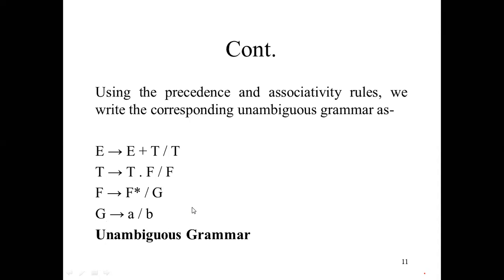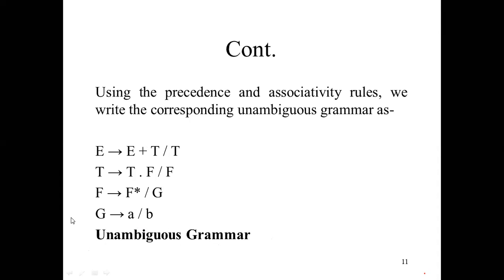Whenever we are going to write the compiler, there is a fixed grammar and we have to follow that. This is the fixed grammar of a particular compiler and we have to use it. If we use this grammar, we will get the unambiguous grammar.